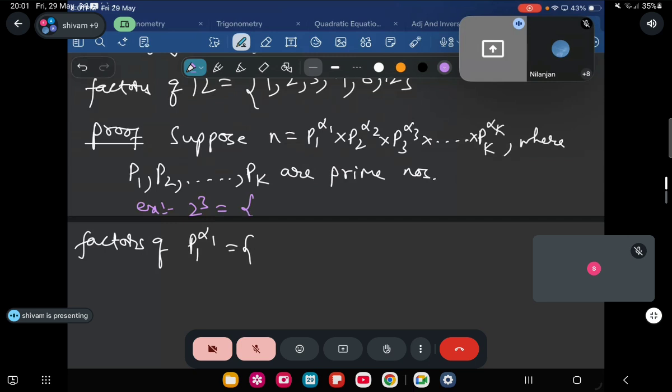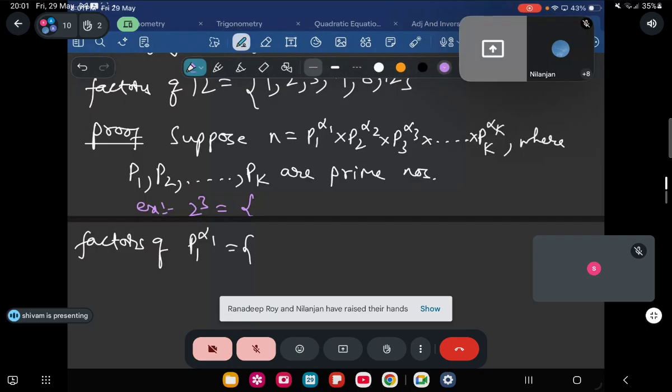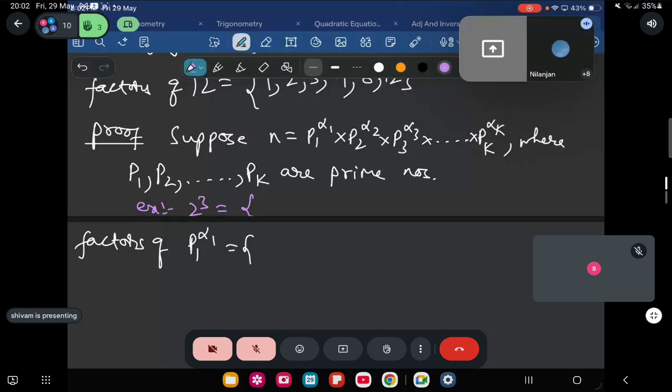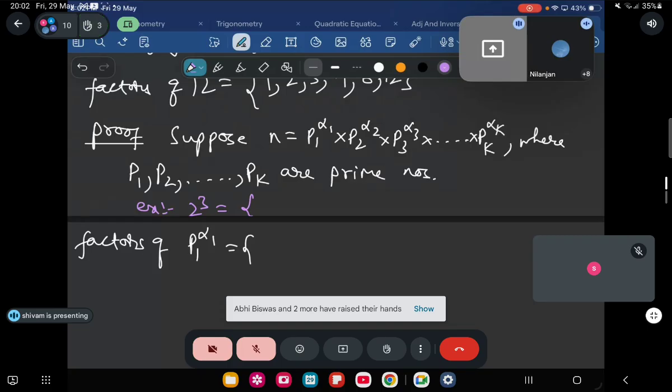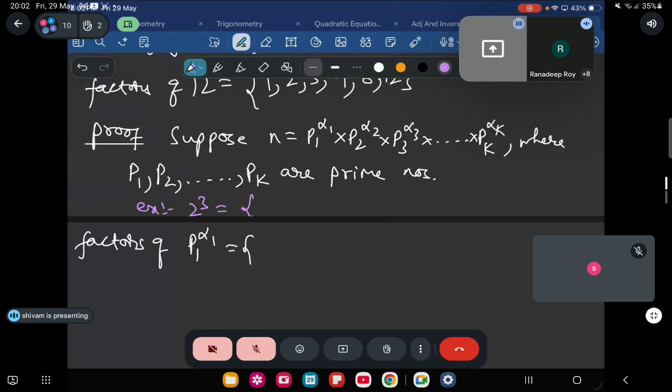Yes, 1, 2, 4, 8. How are we getting them? 2 to the power 0, 2 to the power 1, 2 square, 2 cube.